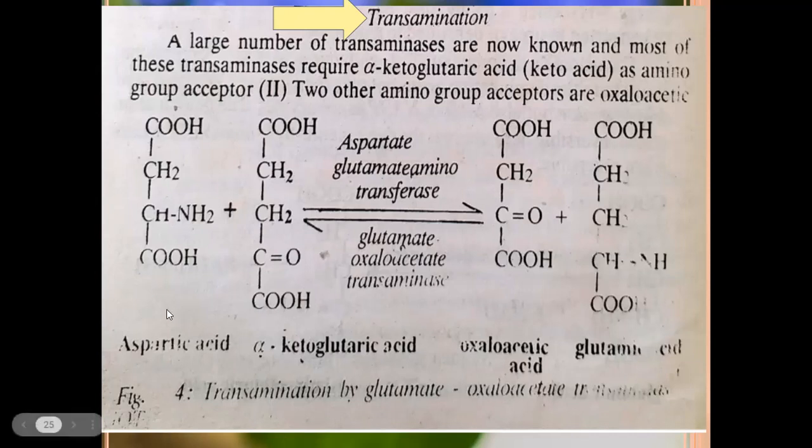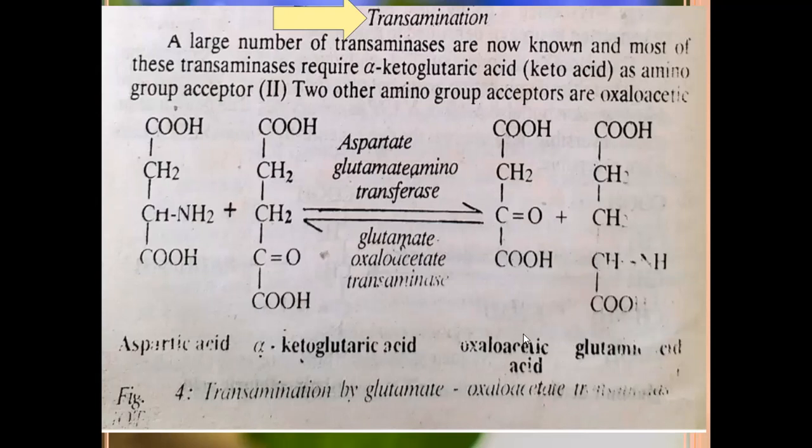From aspartic acid, the amino group is transferred to alpha ketoglutaric acid in the presence of aspartate glutamate aminotransferase to form oxaloacetic acid and glutamic acid.